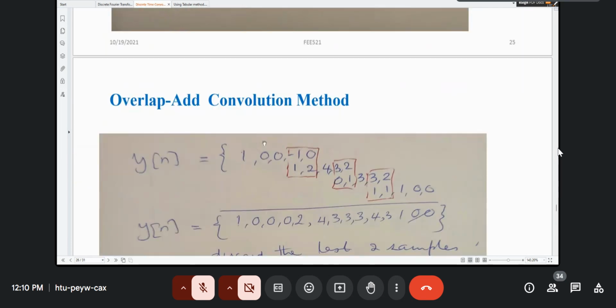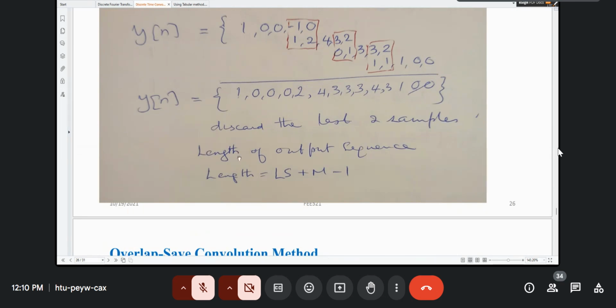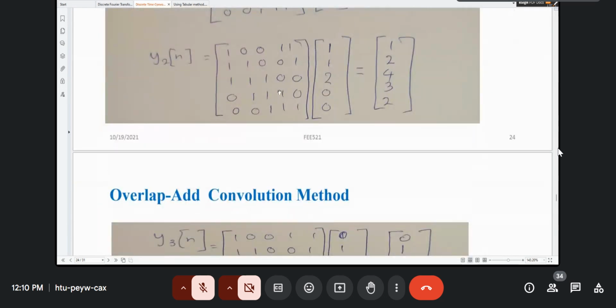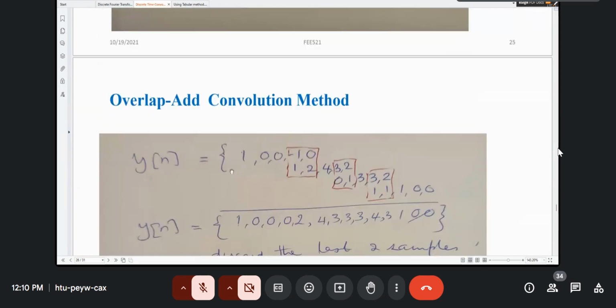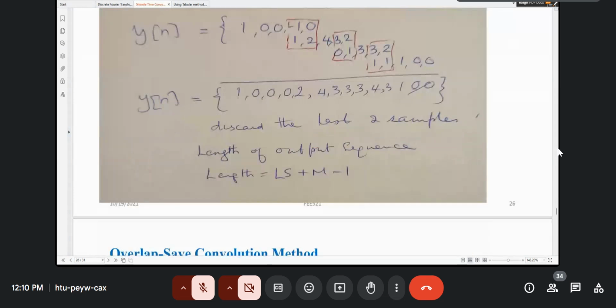And once you do the overlap add, you notice we used the circular convolution method, but what it ended up giving us is the linear convolution.